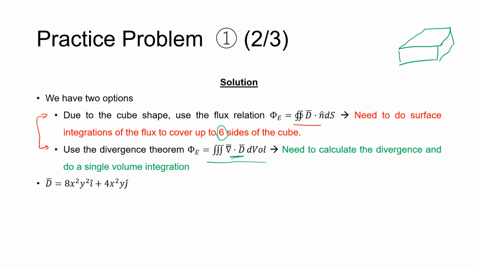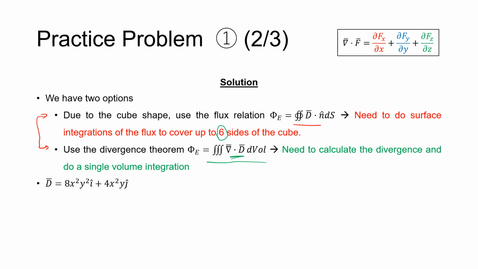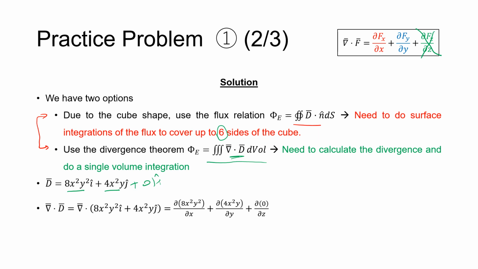So this is what we are given, vector D, and this is how we calculate the divergence. This is just a reminder for you. Just take the x component and y component, and if we have a z component, we have just 0 here. So this from the beginning will equal 0, and just take the derivative for each one, and then you calculate the divergence.